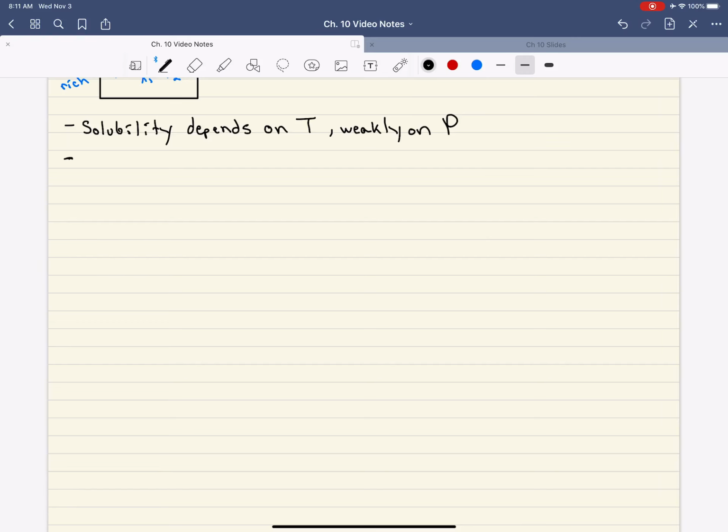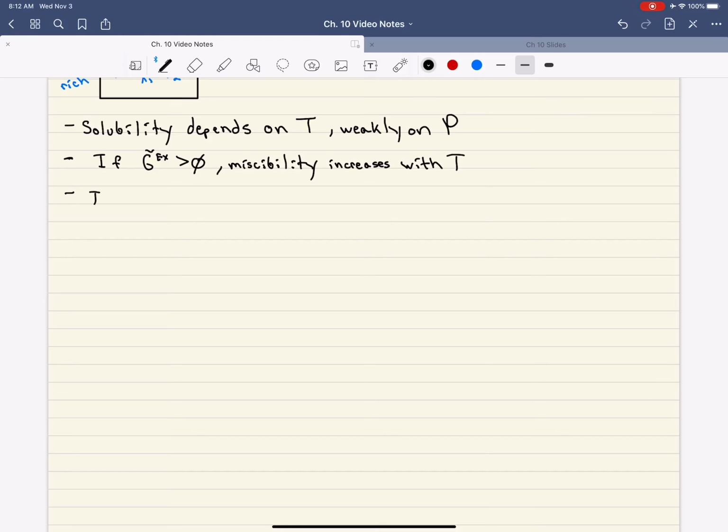With these liquid-liquid mixtures and liquid-liquid phase separation, what we're going to look at a lot is the molar Gibbs excess energy in the system. For a liquid mixture, if the excess Gibbs energy is greater than 0, that would mean that the miscibility, or the ability for the chemicals to dissolve in one another, is going to increase with temperature.